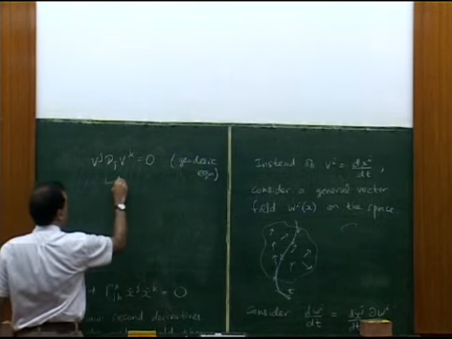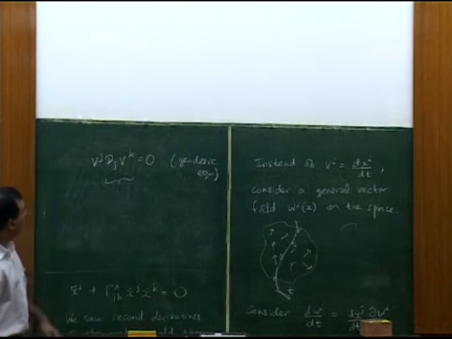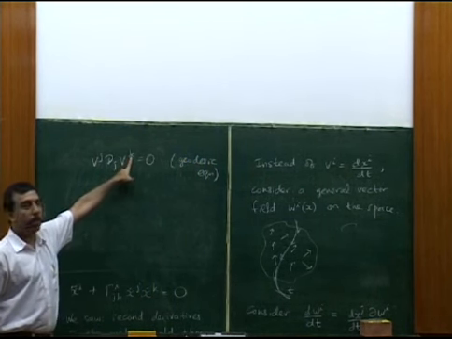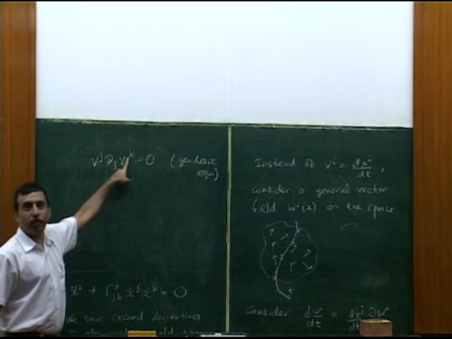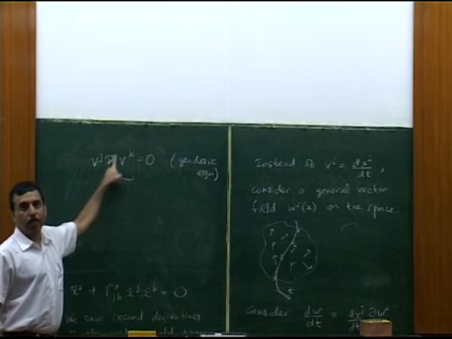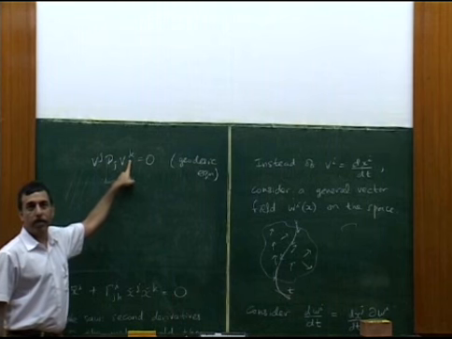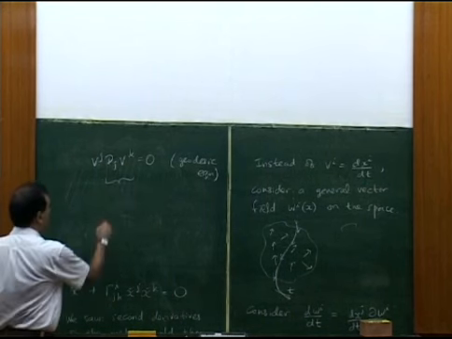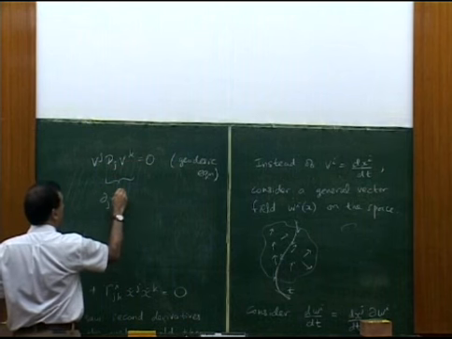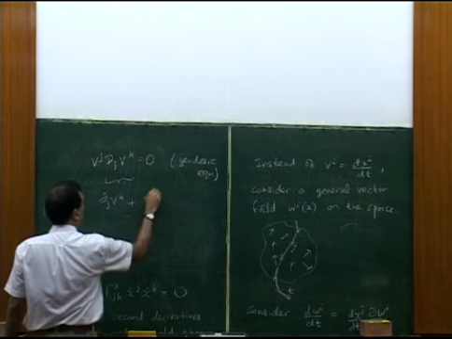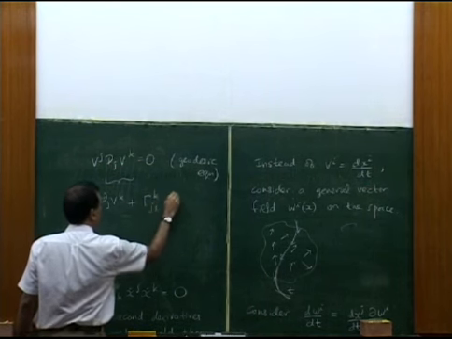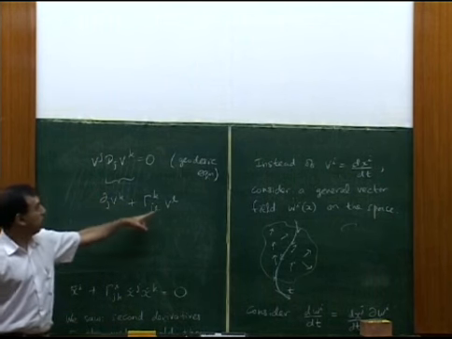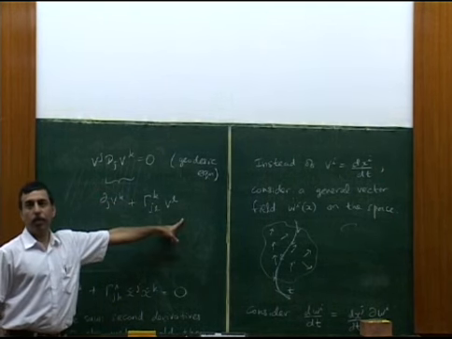His point was that this thing doesn't only depend on... suppose I fix a component k, like 1. The ordinary derivative of v1 depends only on v1. But the covariant derivative of v1 doesn't depend only on v1 but also on v2 and v3, because this definition is dj of vk plus gamma k j l vl. So you see this interesting thing: the entire vector participates, not just component by component.